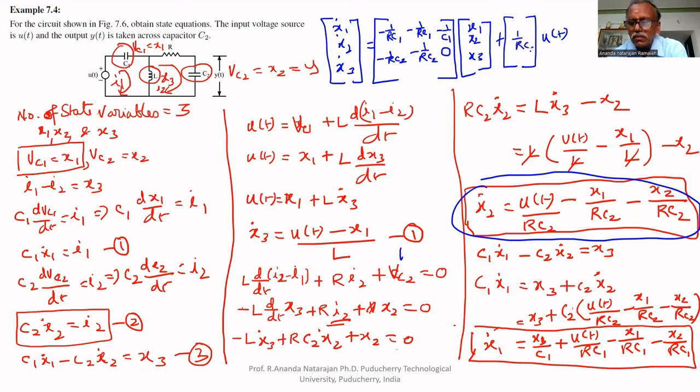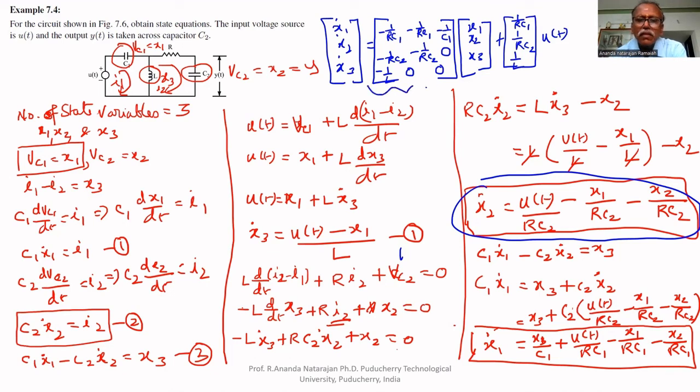Here it is 1 by RC1. The third equation, x3 dot equal to minus x1 by L, x1 alone: minus 1 by L, 0, 0, and the coefficient of u(t) is 1 by L. That's all. This is the state model.